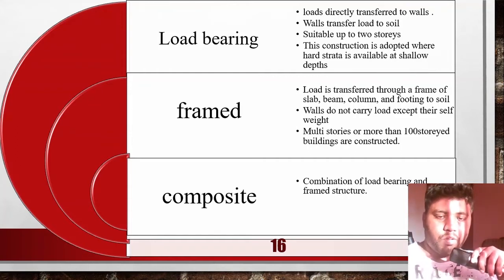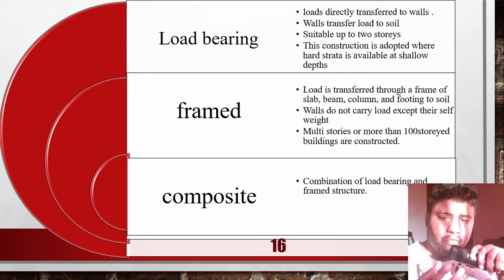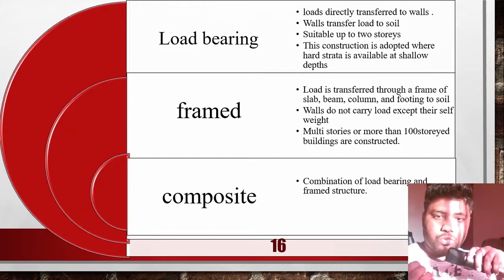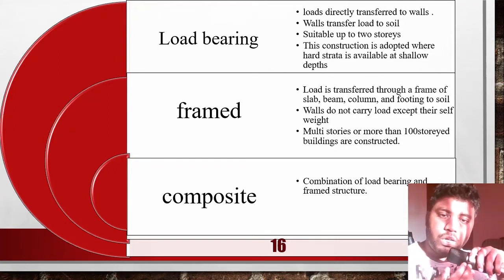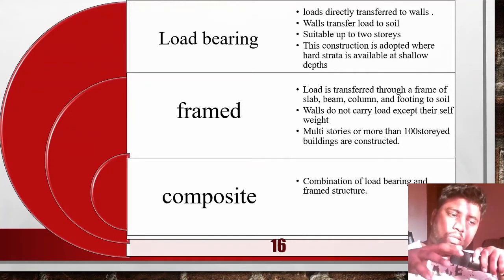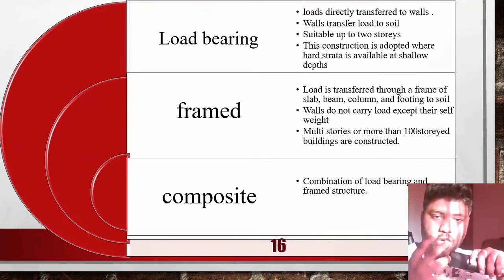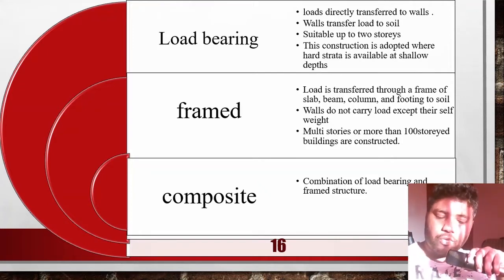For example, if this mic has some self weight, say about 500 grams to 1 kilogram, that weight is inbuilt into this mic according to its size and its shape. So that kind of weight we can term as dead load.